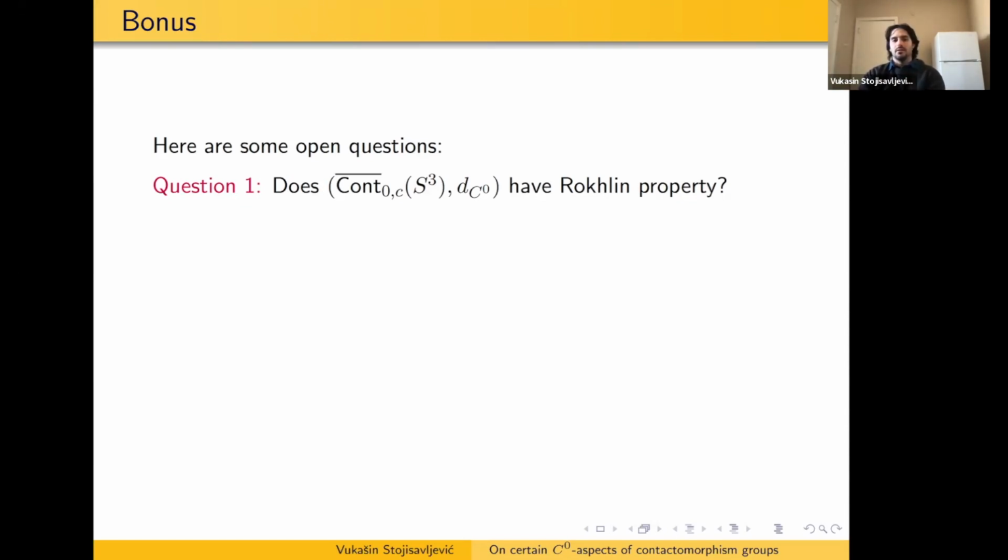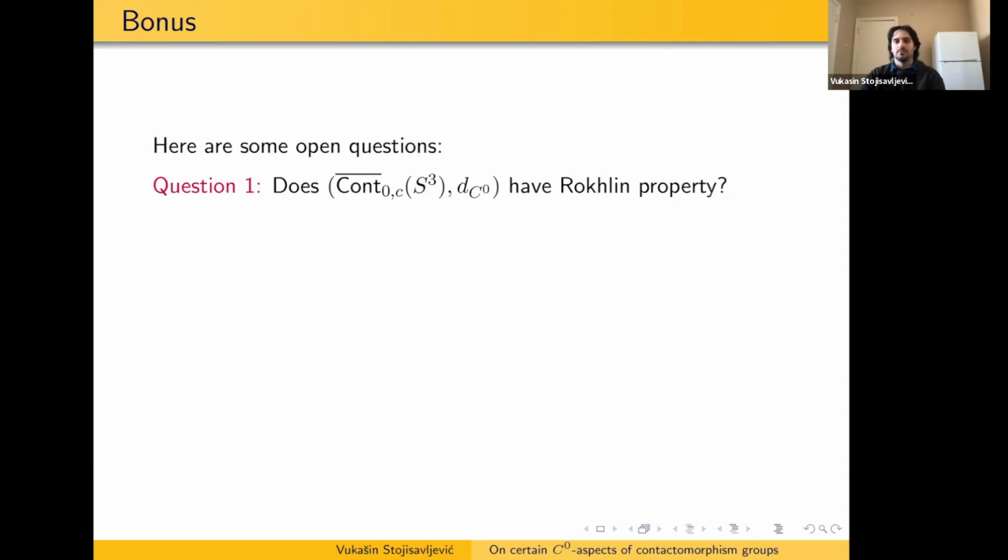But in odd dimensions, this argument does not work. As far as I could see in the literature, I was looking a little bit, I'm not really an expert on this outside of symplectic topology, this is not known for odd dimensional spheres, even for homeomorphisms. But maybe in the contact case, there can be some techniques which show this.